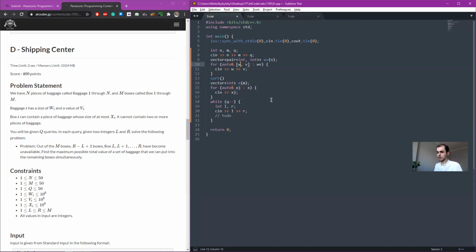Might as well just tidy this up a bit. So now I want to sort WB based on what? I actually don't know. Based on the first component, I guess.